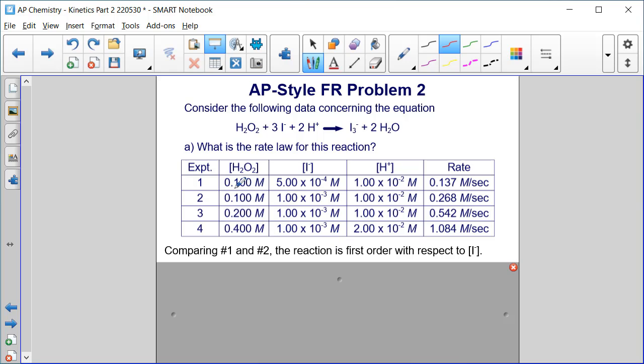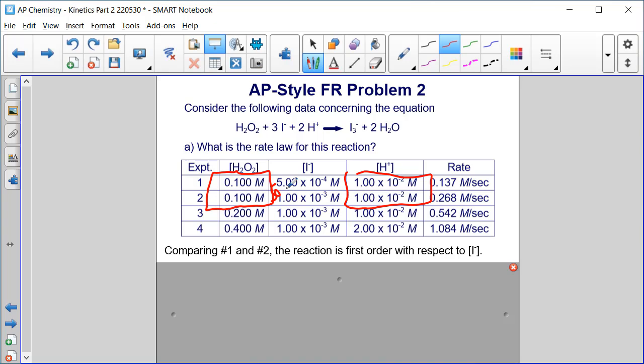So if we compare experiment 1 and experiment 2, in that case, we're holding H2O2 constant and H+ constant. So we're seeing what is the impact of I-. The change from here to here is 2. Okay, so this is double. If I take 5 times 10 to the minus 4th and multiply it by 2, I get 1 times 10 to the minus 3rd.